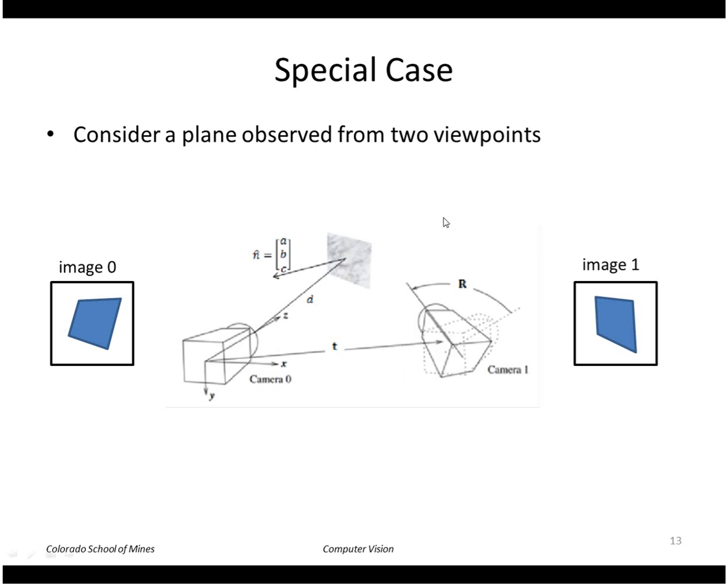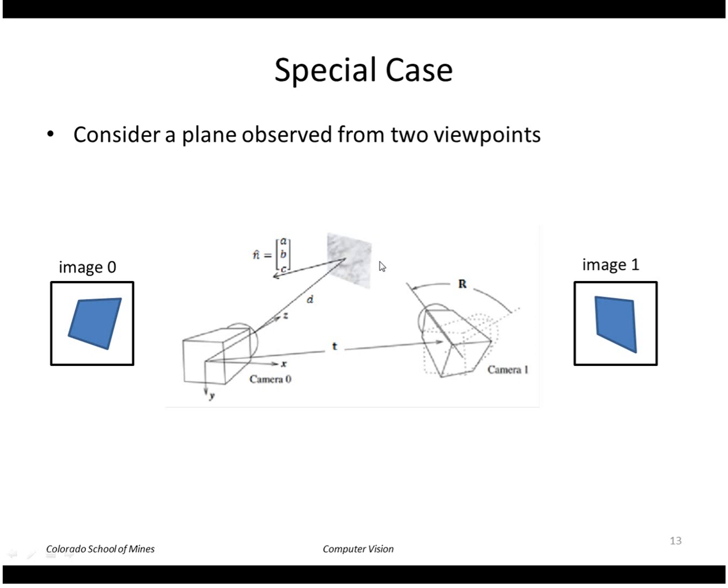Okay, look at a couple special cases of projection. This is a very useful special case when you take an image of a planar surface from two different viewpoints. I'll call them camera 0 and camera 1.